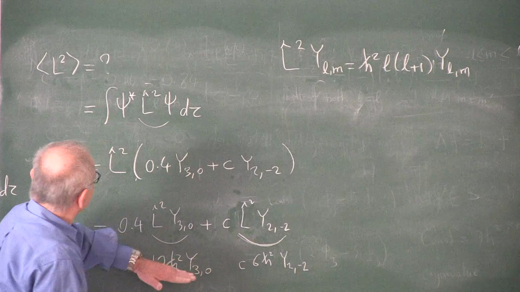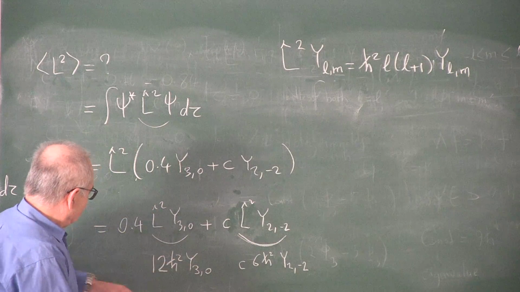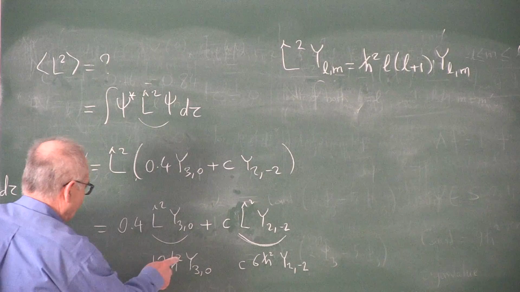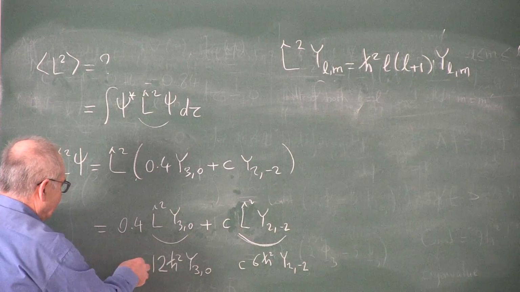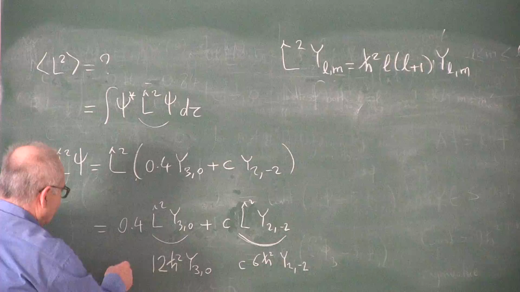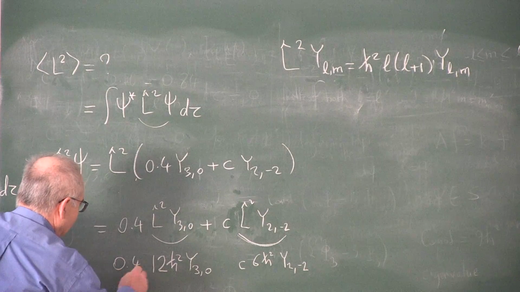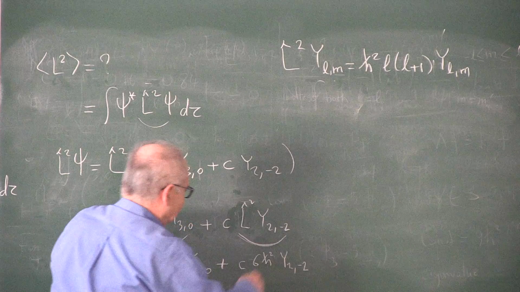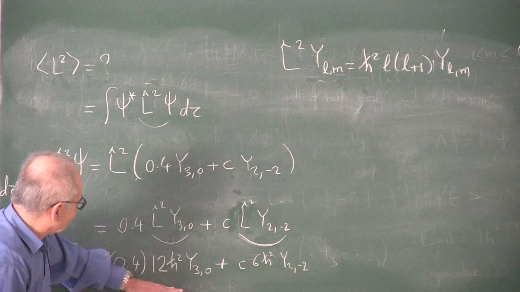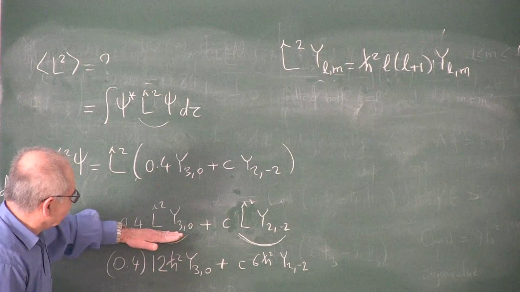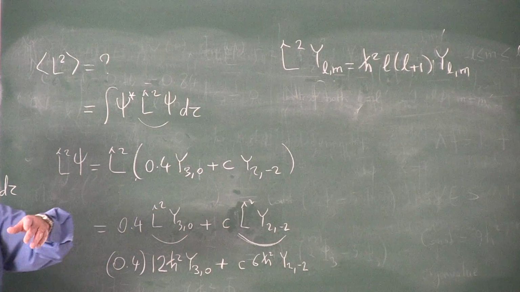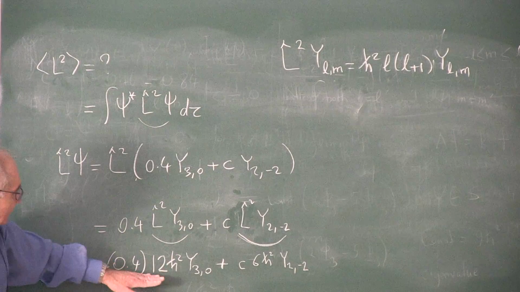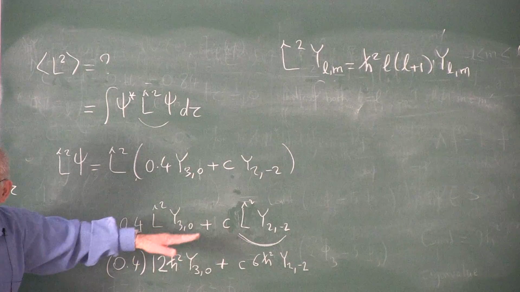Also multiply with 0.4, and this one, c times 6 times h bar square. This is the full simplified expression which removes the operator. Everything is scalar here, just functions.